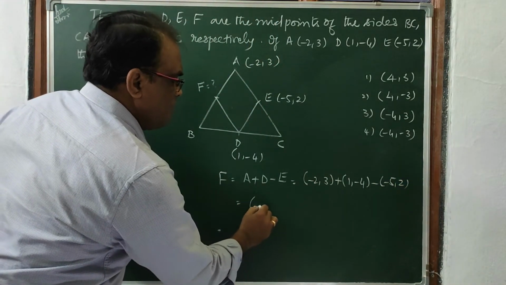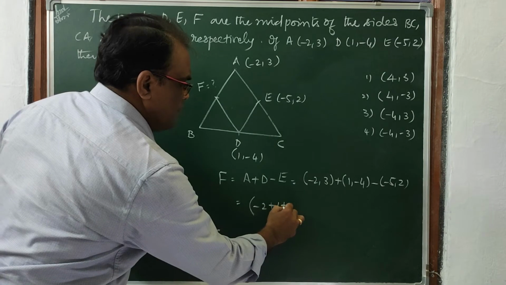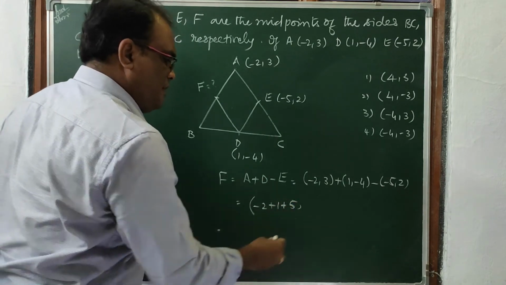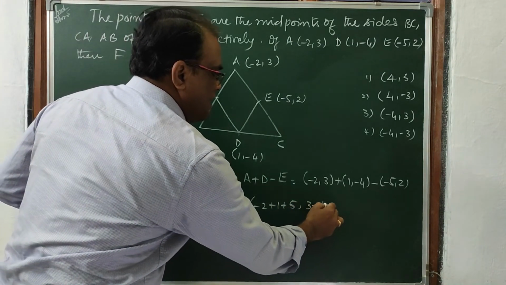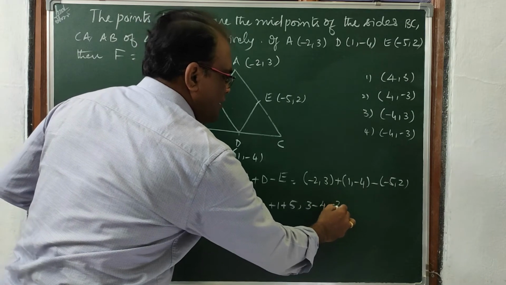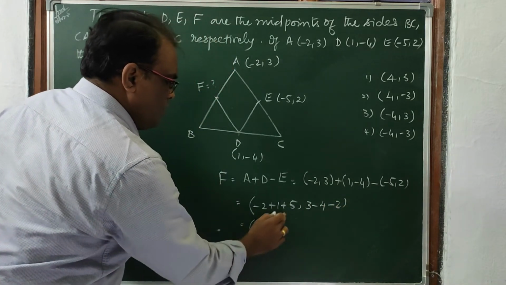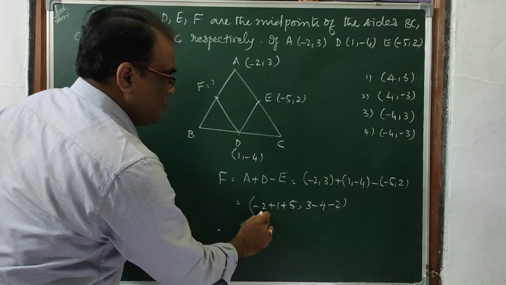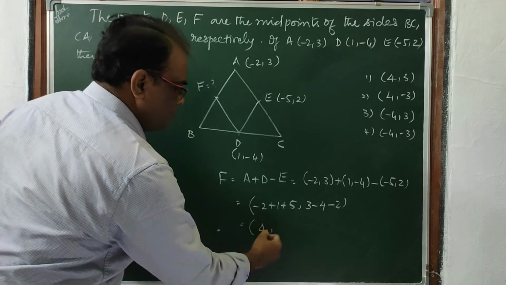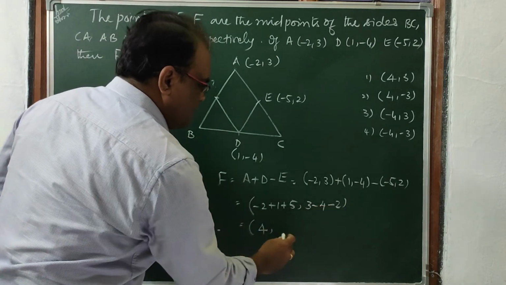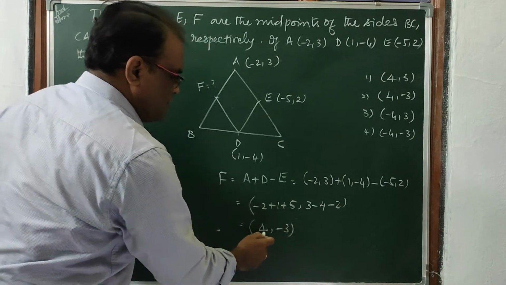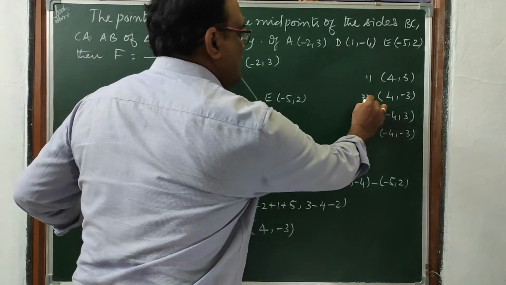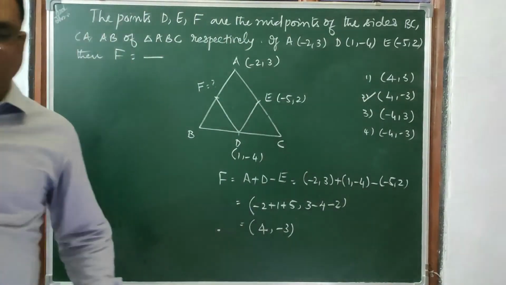Take the abscissa. Minus 2 plus 1 minus of minus 5 plus 5. 3 minus 4 minus 2. So 6 minus 2, 4. 3 minus 6 is minus 3. So (4, minus 3) is second choice.